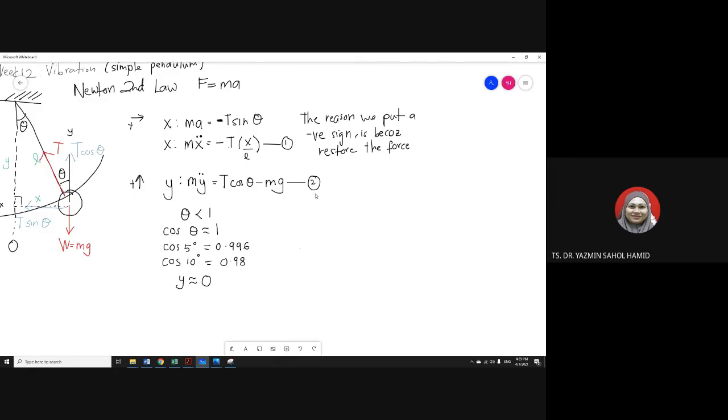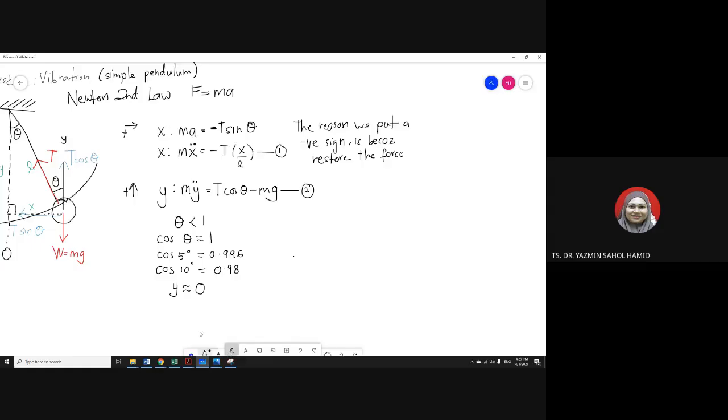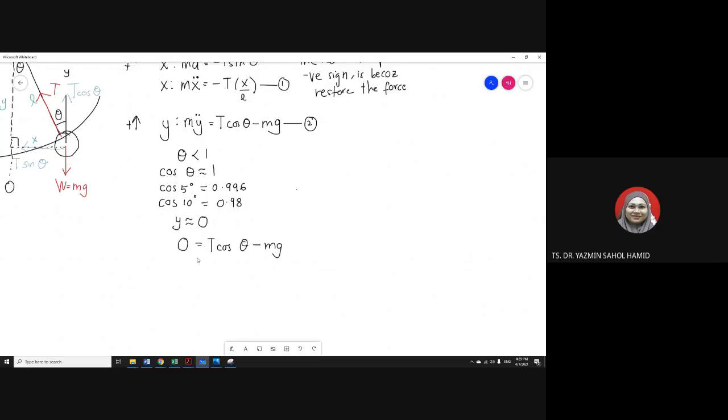So from equation number 2 ni, dia akan jadi 0 equals to T cos theta minus mg. Lepas tu saya cakap tadi cos theta kita assume as 1. So bila cos theta kita assume as 1, ni potong jadi 1. So apa yang kita tinggal ialah T minus mg. So what we can assume is actually T equals to mg.